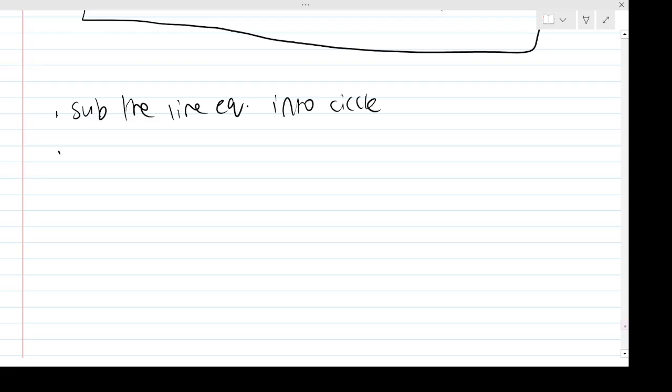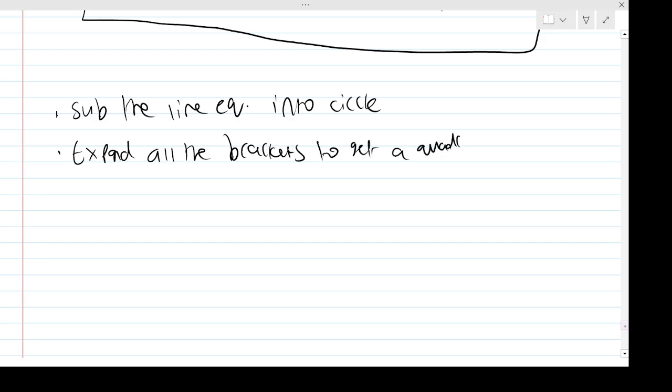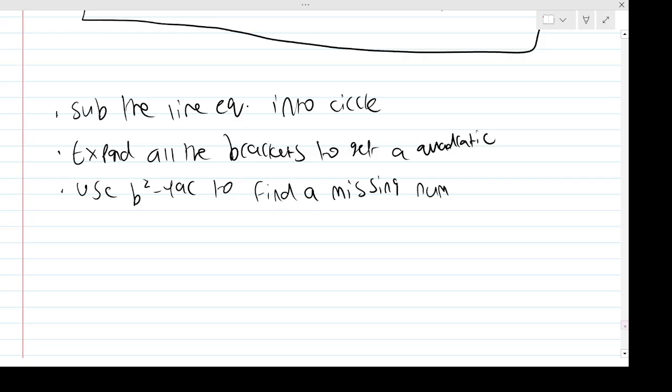Then you need to expand all the brackets to get a quadratic in the end. Then you probably will need to use a discriminant. Use b squared minus 4ac to find a missing number. So that could be k, that could be r, like in the last instance, and therefore there you are.